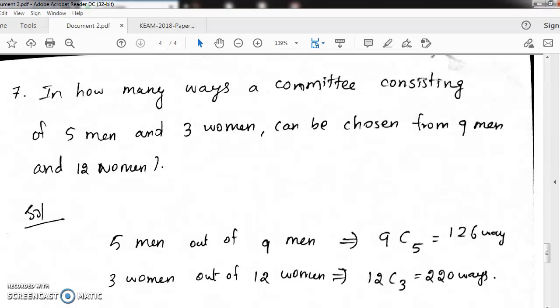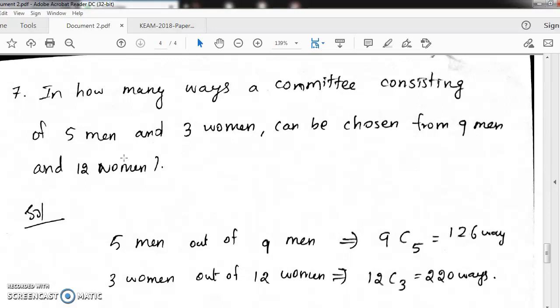Chosen is the word that tells us it is a selection, right? So we have to use the combination. 5 men out of 9 men, 9C5. You should write it as n is equal to 9, and out of 9 you are going to choose 5, right?